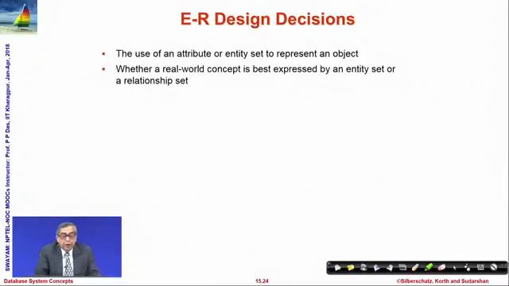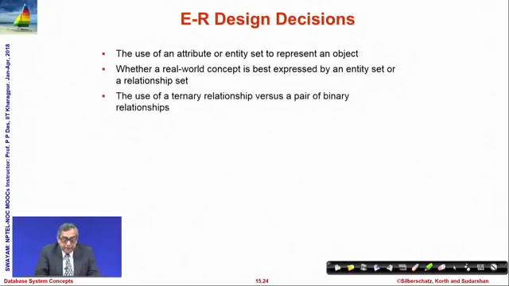And we will also have to see whether in the real world this actually is an entity set or it is a relationship set, that it is not a concept by itself, but is a concept which relates two or more entity sets and thereby becomes a set of representation.